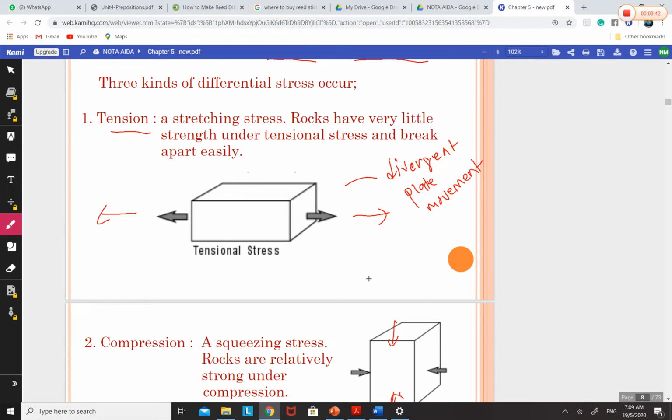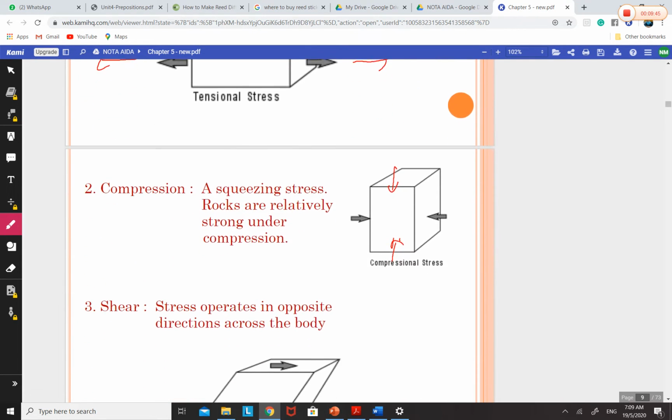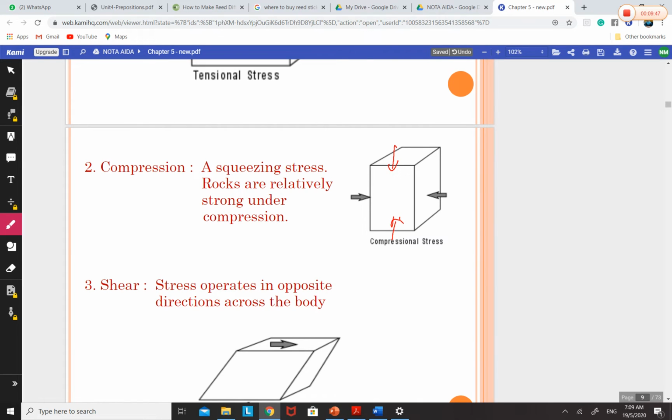Chapter 1, I hope you still remember. And when we are dealing with compression, we can relate it with the convergent plate movement.